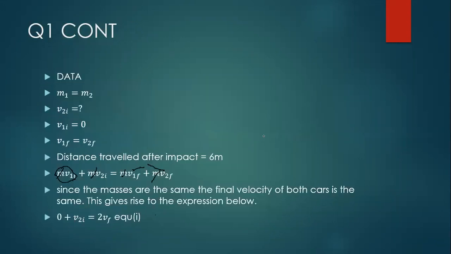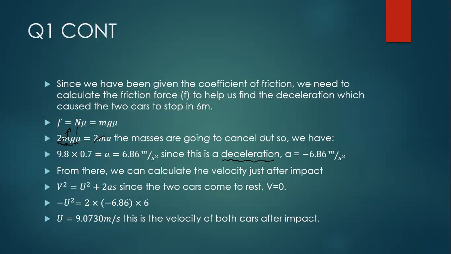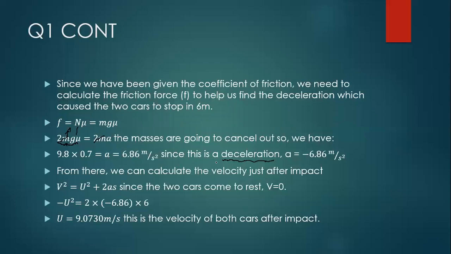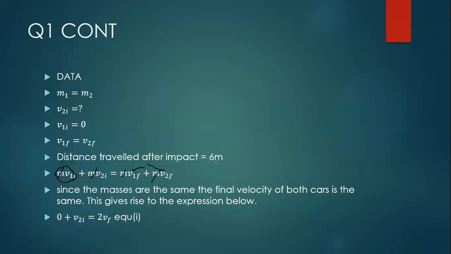So what we are going through in doing all this is just to make sure we go back to where we are coming from. You do this, you do that, so that you get what you are looking for. We have determined the friction force, and we have found even the acceleration. Now, what can we do? If we have the acceleration and we have the distance, can it help us to find the velocity, especially the velocity after impact?